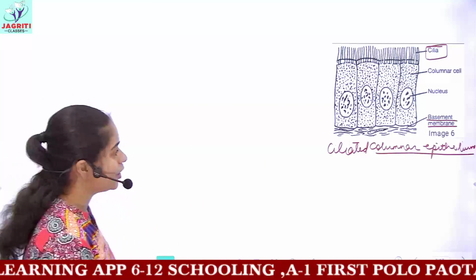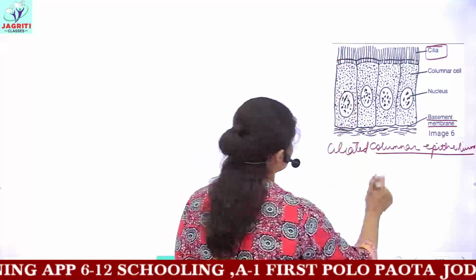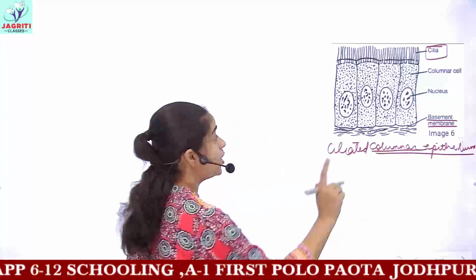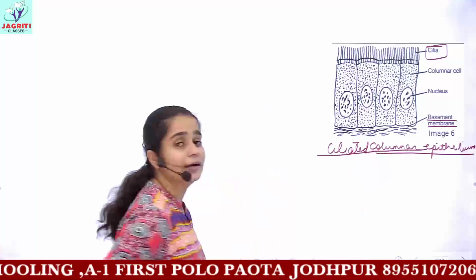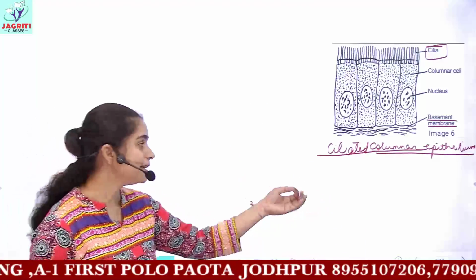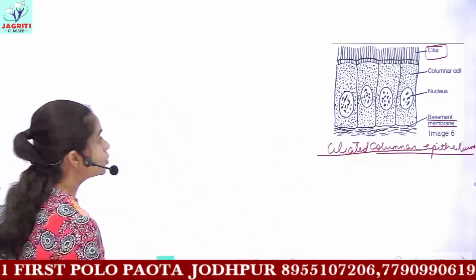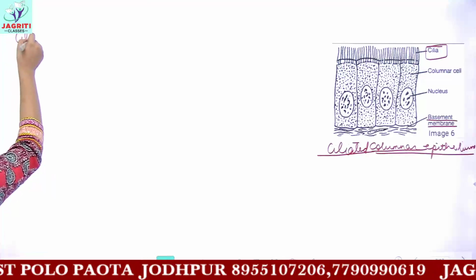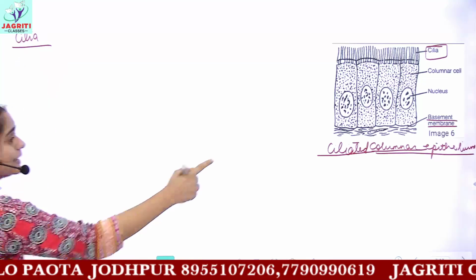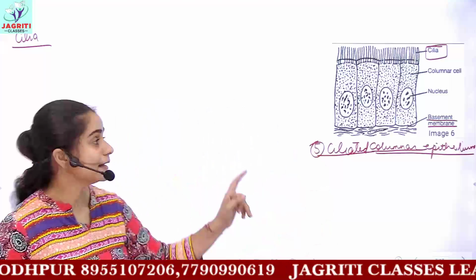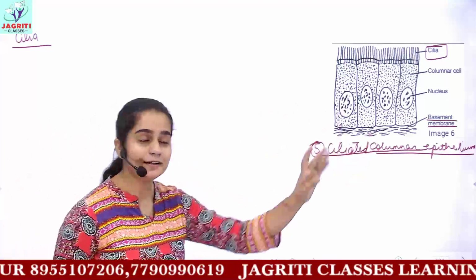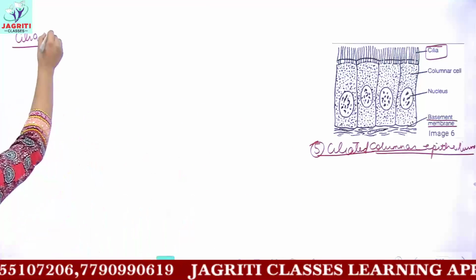Because it has column-like cells, it is called columnar. Now it has cilia on the top of its surface, so a prefix is added, ciliated. So what do we mean by the term cilia? This is our next category, whether it is the 4th or 5th, this next group of epithelial tissue, ciliated columnar epithelium.